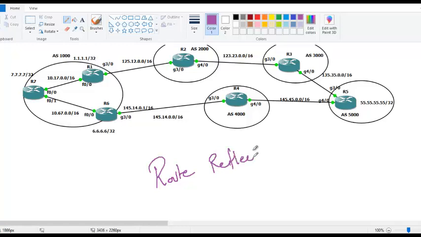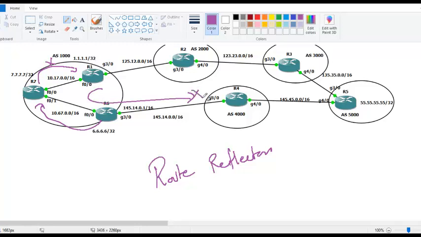What I'm going to do is, I'm going to break this rule which says a route learned from an IBGP should not be given to another IBGP. That's the rule that is blocking R1 from learning this path.